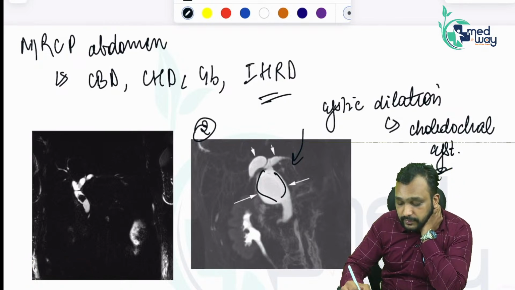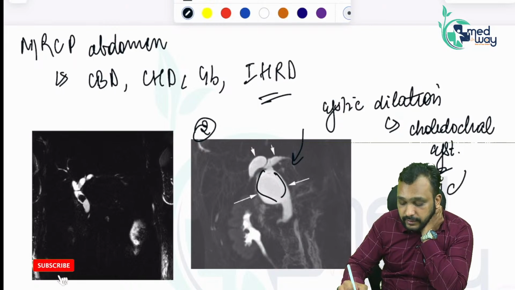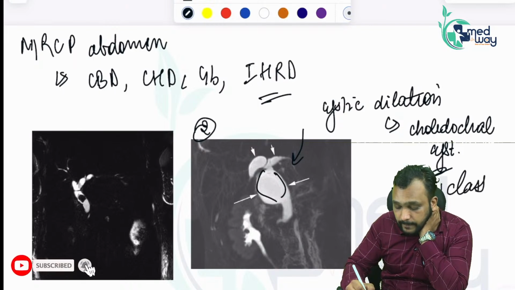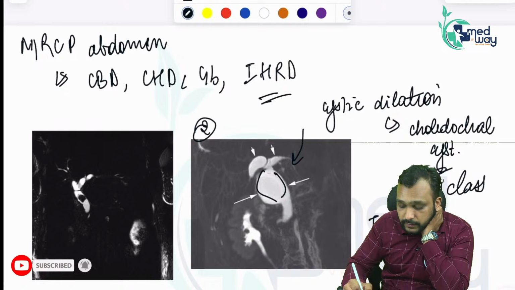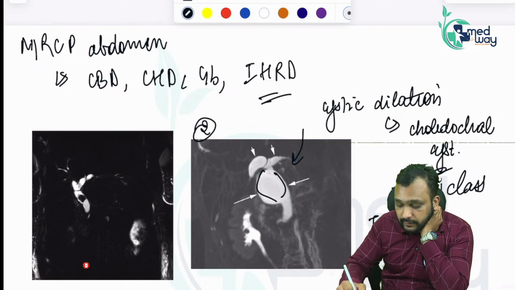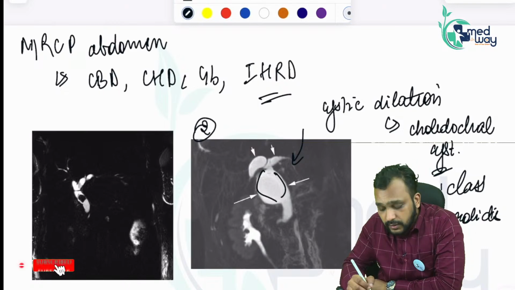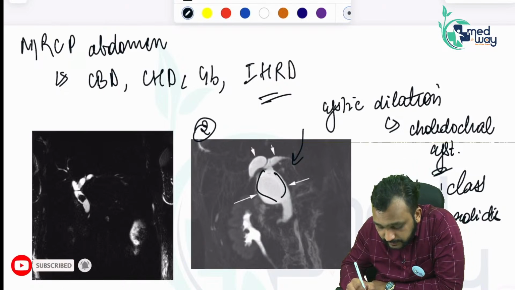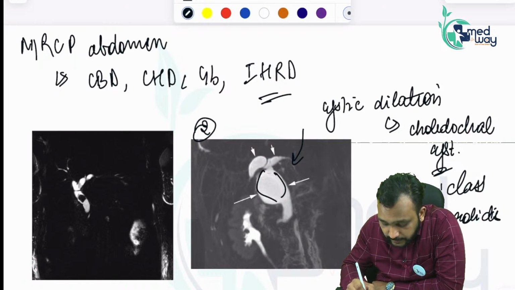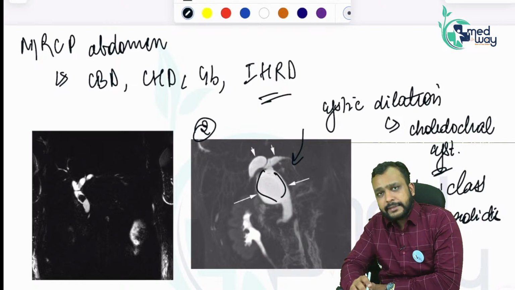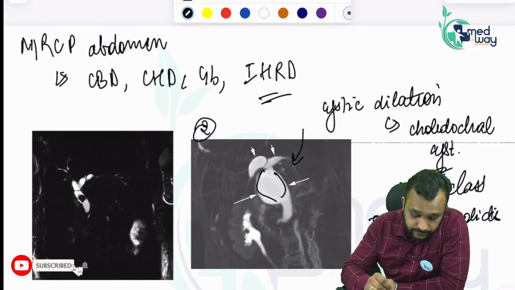So you should be clear with the Todani classification as well. Okay, and type 5 is your Caroli's disease, in which you will see that there will be a cystic lesion, and surrounding that cystic lesion will be a portal vein radical, right?